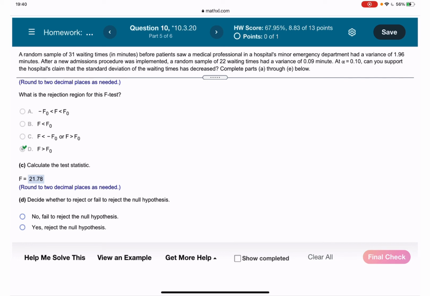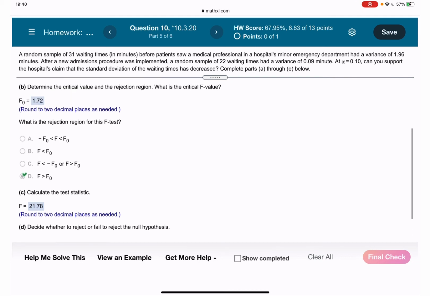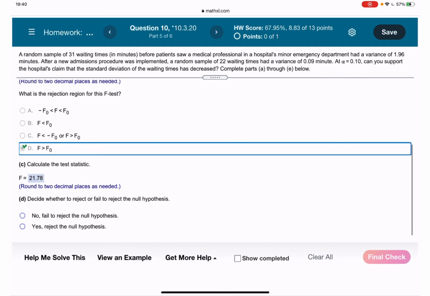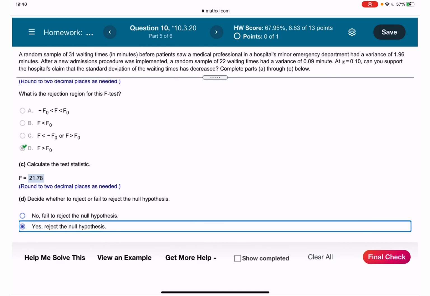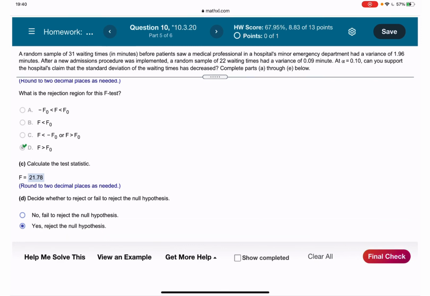Okay, so next we need to decide whether to reject or fail to reject. Since 2178 is our test statistic and 1.72 is our critical value, obviously it's falling in the rejection area. So we reject the null hypothesis.